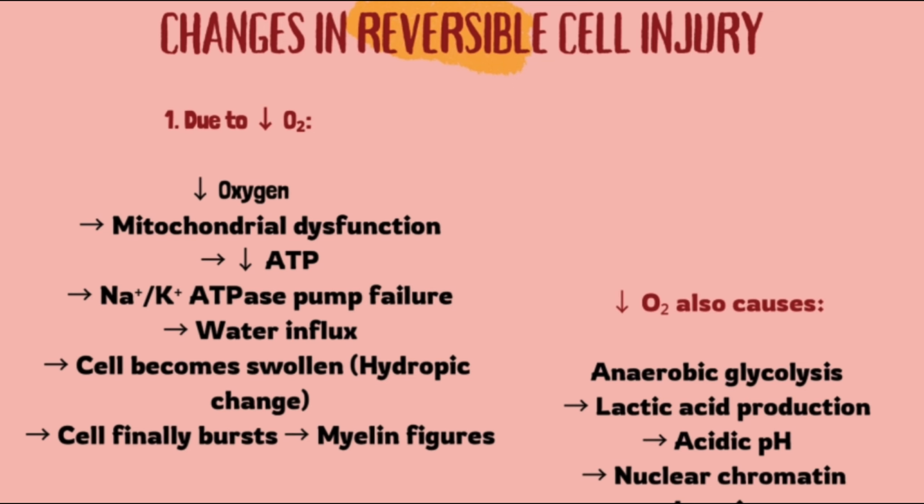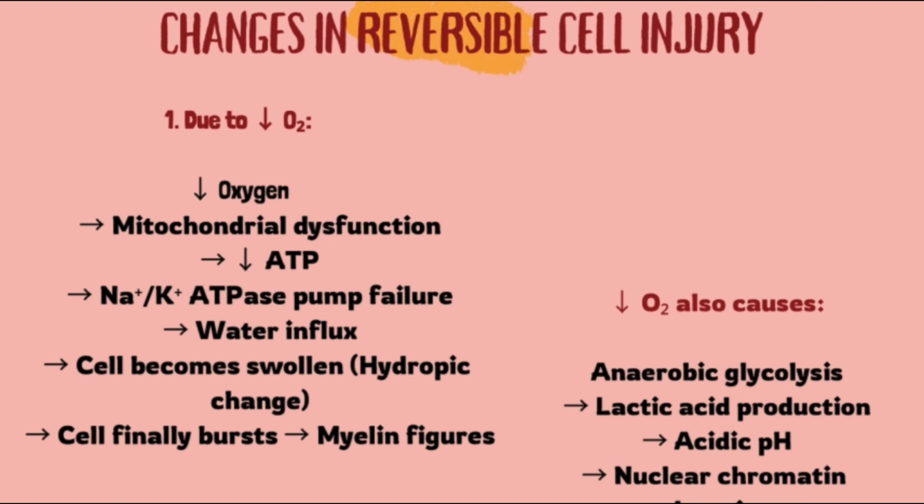That means the cell tries to make energy without oxygen, but ends up making lactic acid instead. And lactic acid drops the pH, making the environment acidic. This acidic pH messes with the nucleus, causing the chromatin to clump. The cell isn't dead yet, but it's definitely in survival mode.